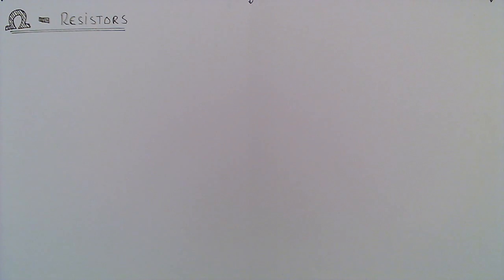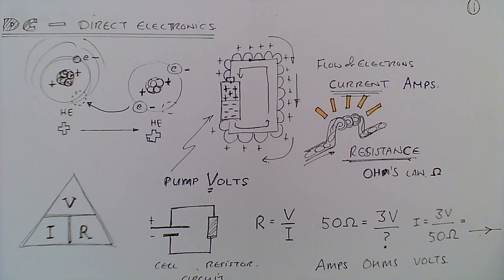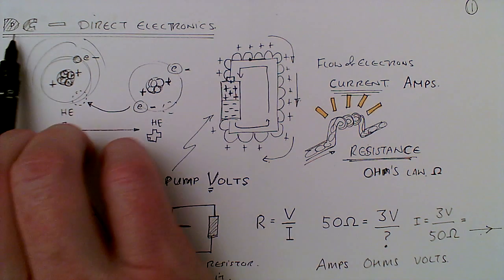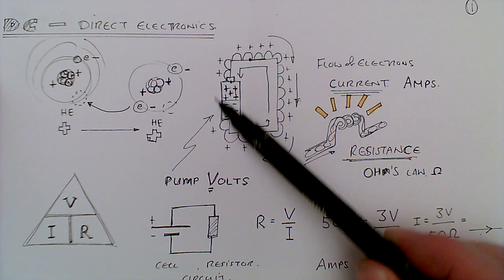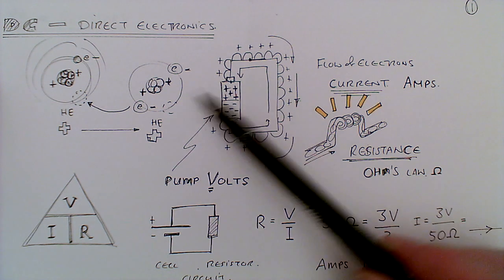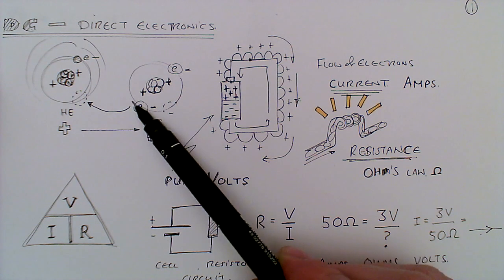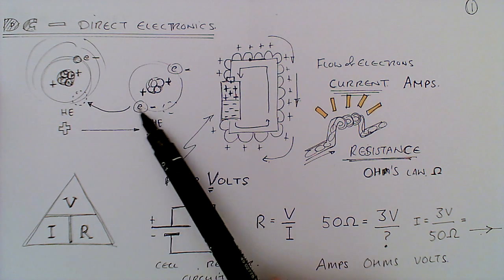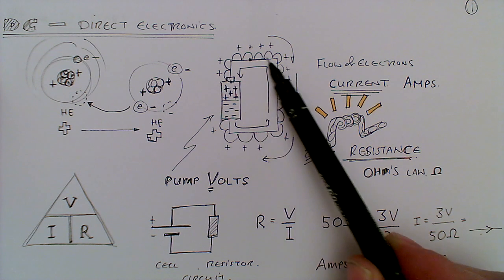Now we still haven't looked at the exam paper yet, but if you remember from the previous video we were looking at some of the basic concepts of electricity and electronics. Specifically we were looking at direct current, and how a voltage source, in this case a battery, drives electrons moving through a wire, with a positive charge moving in the opposite direction, so it makes it look like there's a flow of electricity.